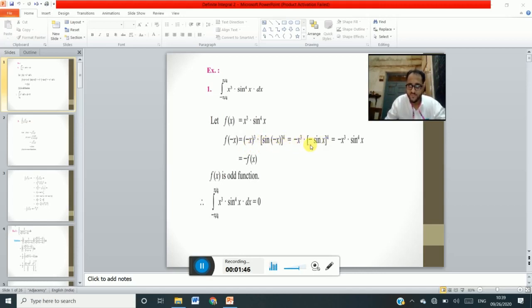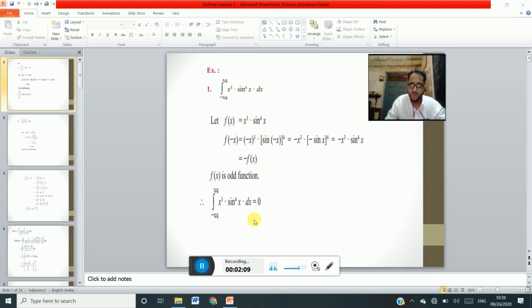Minus x cube means minus of x cube, and sine of minus theta means minus sine theta. So minus sine x to the power 4, right? Then negative to the power 4 means positive, and minus x cube into sine to the power 4x is nothing but minus f of x. That means this given function is an odd function.